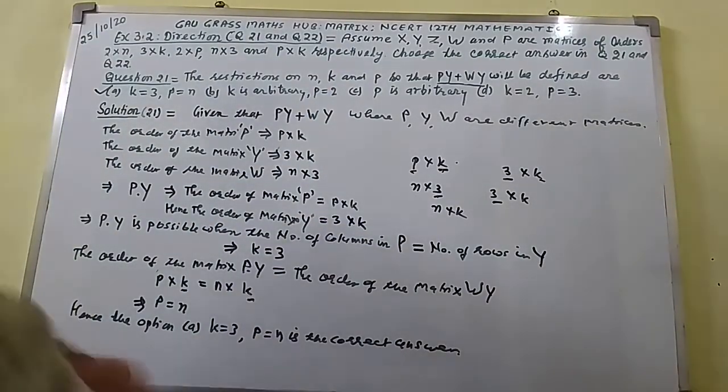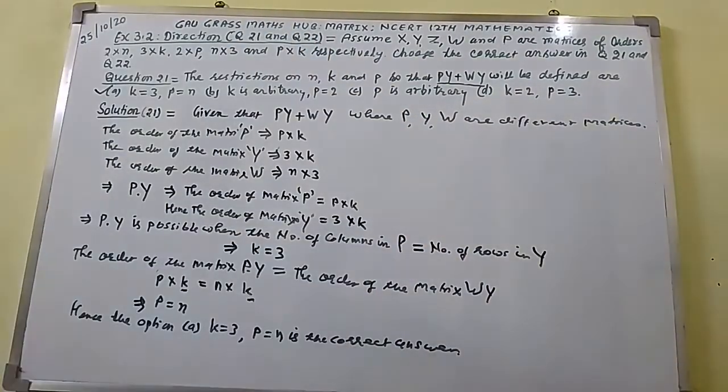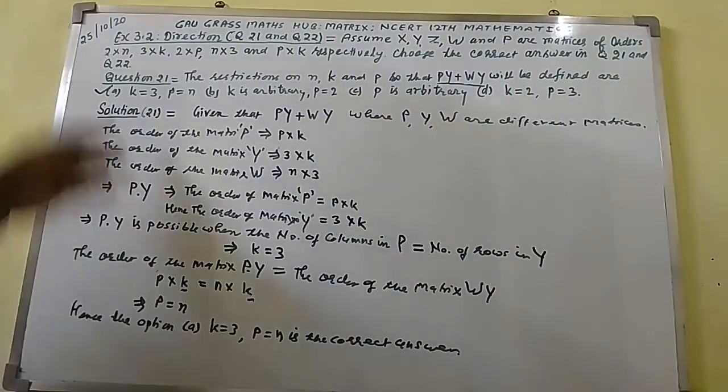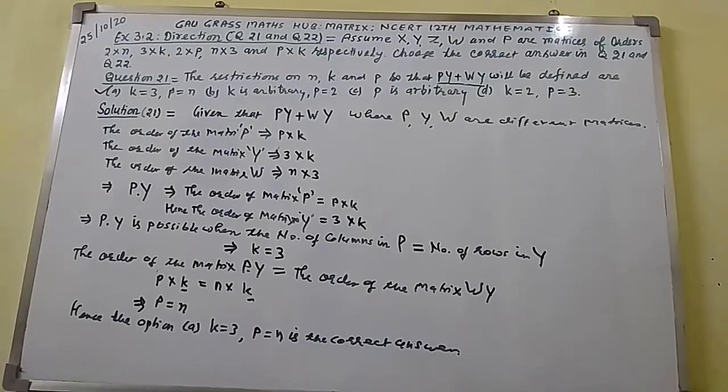You can erase this, it is the rough work. Option A is the correct answer. This is the complete solution of question number 21, exercise 3.2.